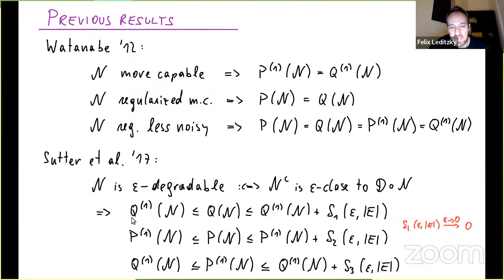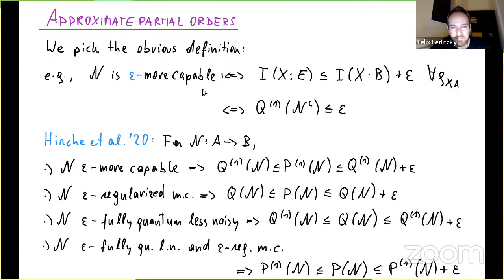And we want now, in a different way, to turn Watanabe's results and his classes of channels into an approximate form. And so, if you look at the definitions from before, it's kind of obvious how to do this, because you just let the inequalities be violated, but only up to a certain parameter epsilon, and that's going to be that approximation parameter.